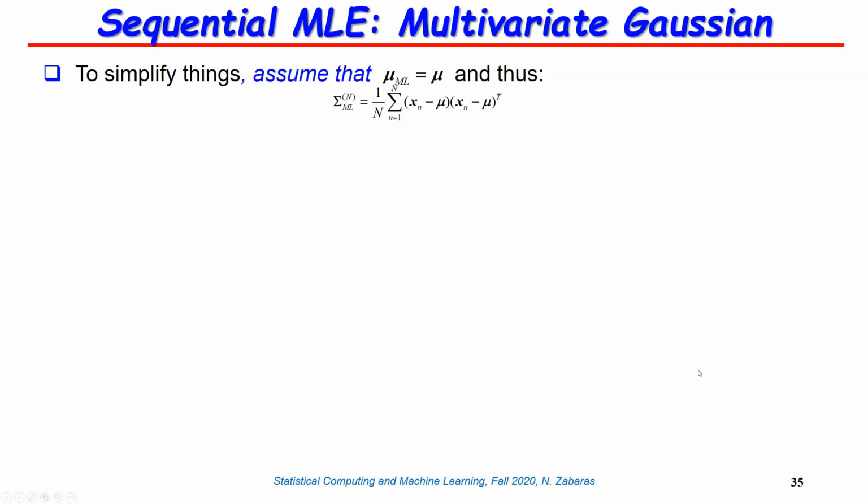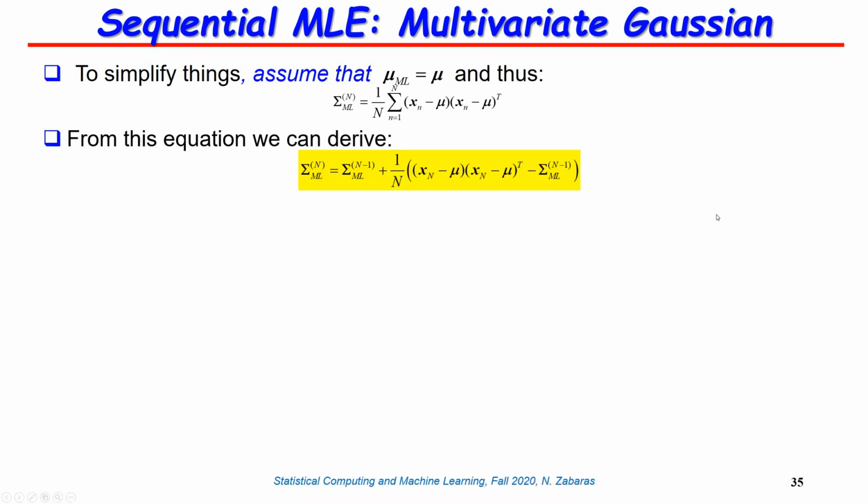All right, let me finish by saying you can repeat the same things, and you can do this as an exercise for the multivariate Gaussian. So if you want, for example, to write the exact update for the covariance iteratively, this is the exact formula that you get. And if you want to write this update using the Robbins-Monro algorithm, again, you will need to compute the negative gradient of the log likelihood with respect to sigma.